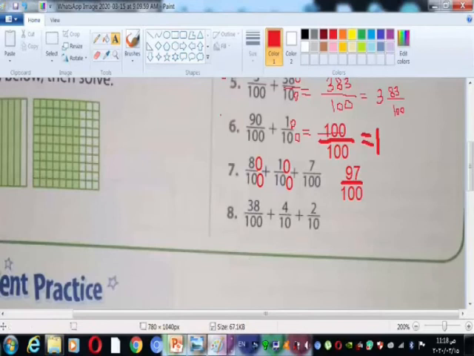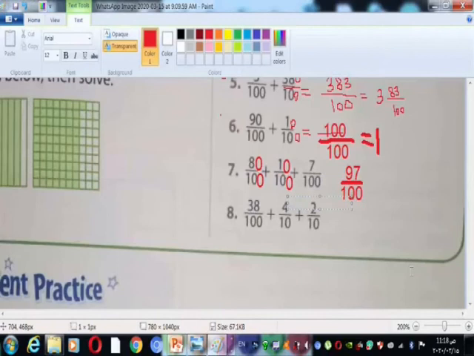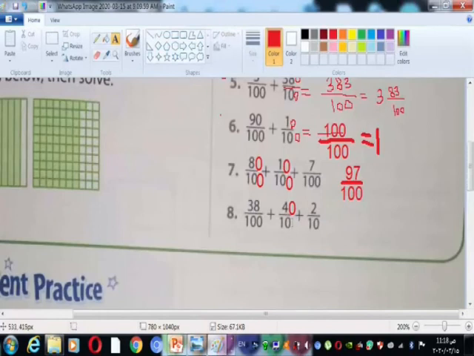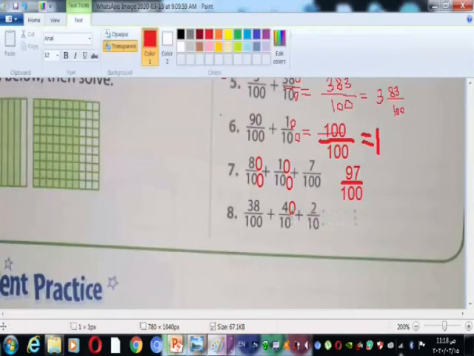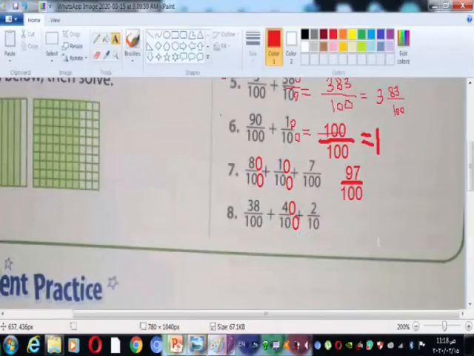In question number 8, I have 38 over 100, 4 over 10 plus 2 over 10. Finally, it will be so easy now for us. Just this will be multiplied by 10. It will be 40. And here, right here, we have the 100. We multiplied the 10 multiplied by 10.